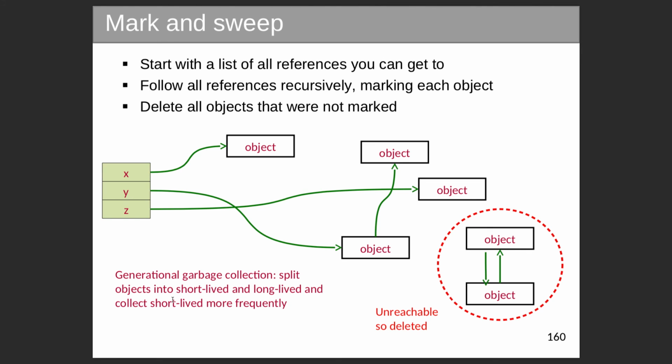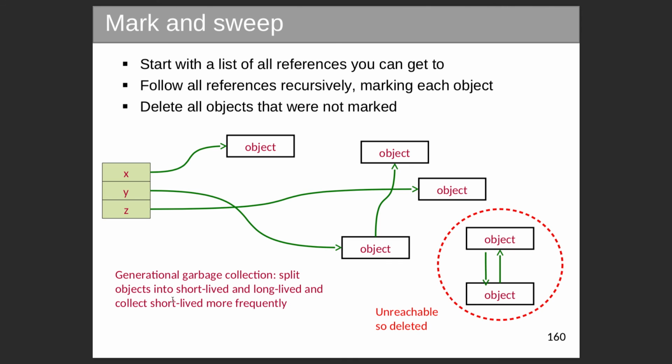And you start with those references, and you follow all those references recursively, marking every object you get to. So you say, I've got an object, it has a field, I'm going to look in the field, and you just walk around the heap, ticking each one, saying, I reached you. That's the mark phase. When you finish walking the heap and ticking things, you then do a sweep, which is you walk over the entire heap looking for things that haven't been ticked, and then you delete them.